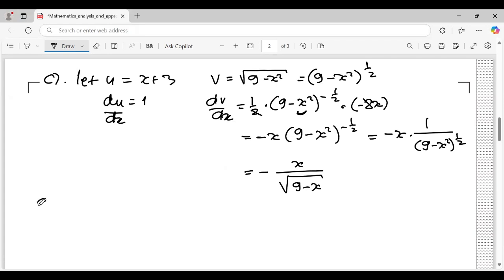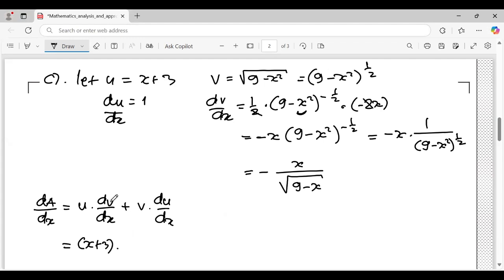So the derivative of A we can gain from u times dv dx plus v times du dx. U is x plus 3.